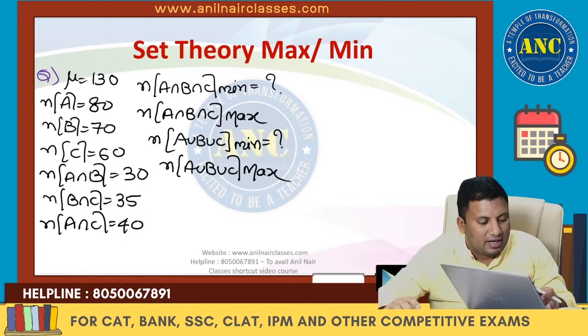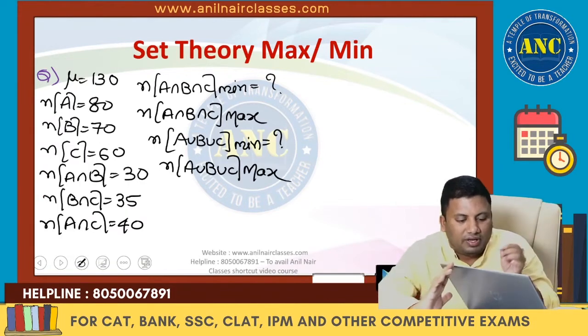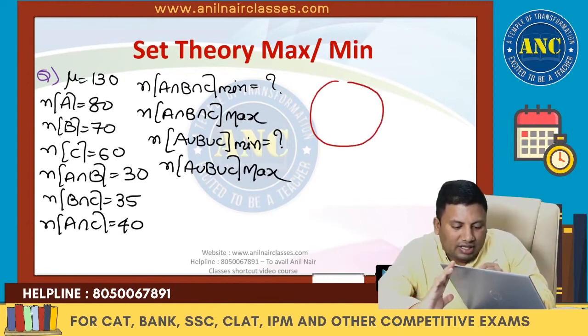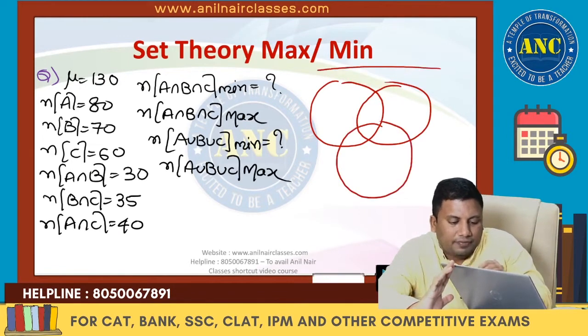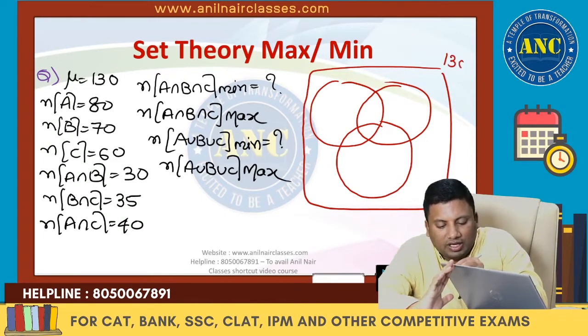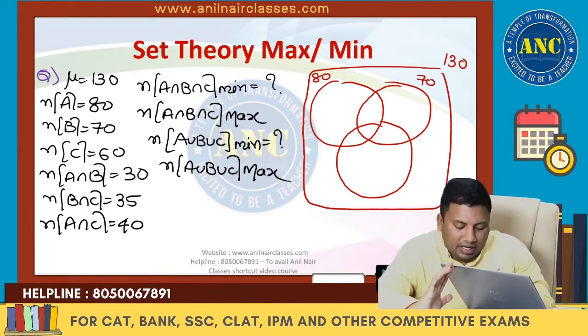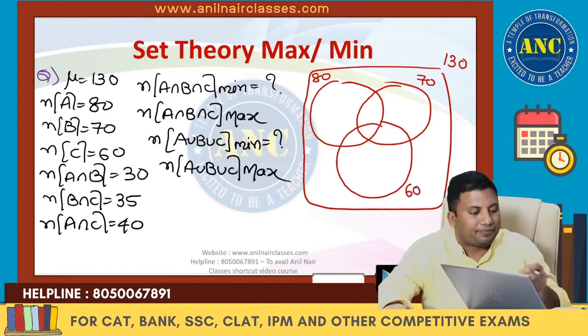Now see here, first we will draw the circles and we will find out the values, then we will do it. There are 3 sets, A, B and C. So mu is 130, N of A is 80, N of B is 70, N of C is 60.